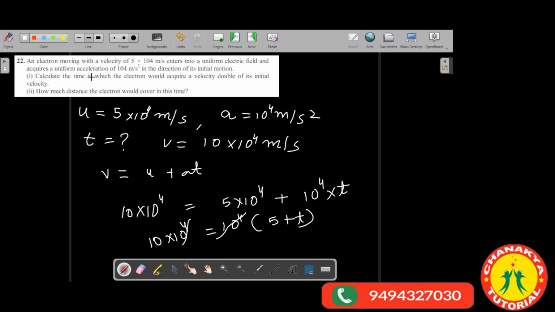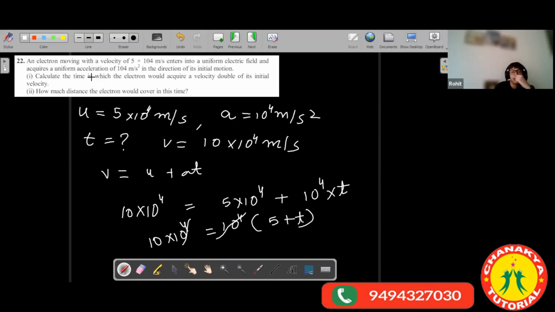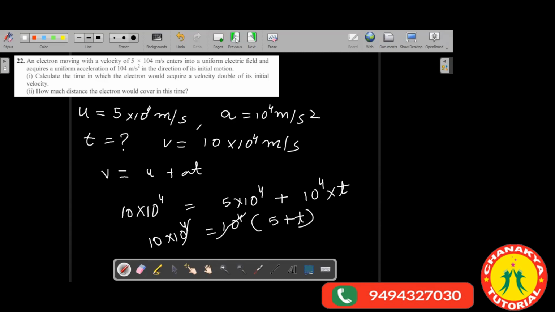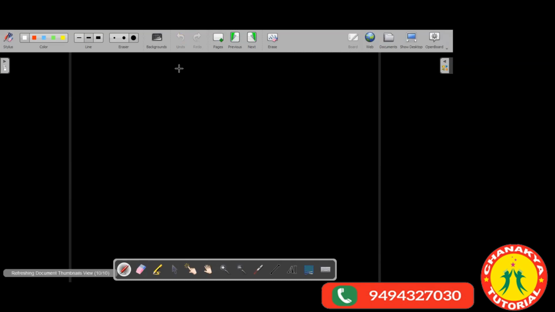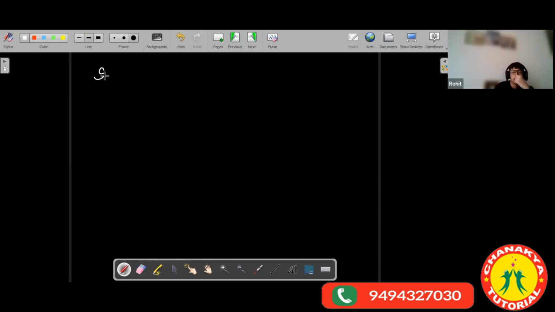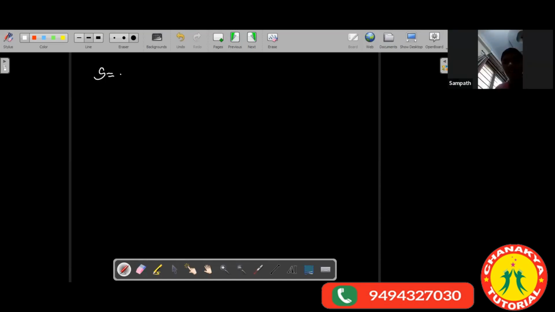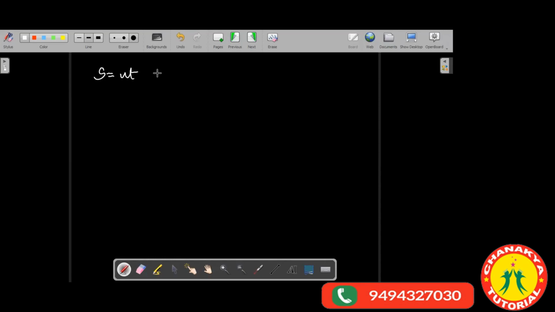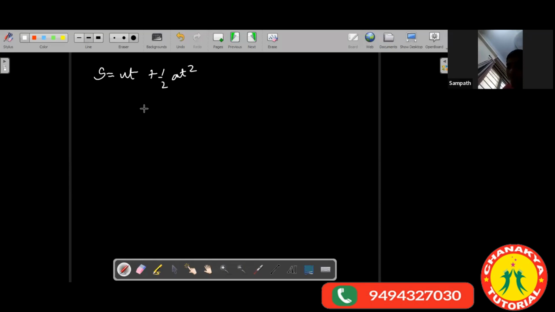Yes, Rohit, have you got the answer for displacement? So I got 5. You got just 5 meter. Okay. Did you use this, S equals ut plus 1 by 2 at squared? Yes, sir, I got 375,000 meters.